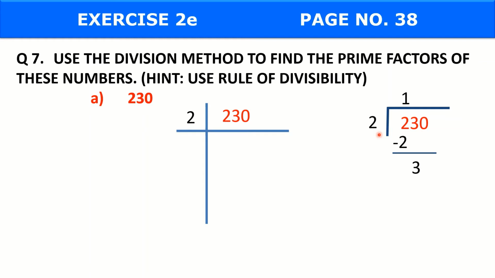Bring the next digit down and divide it with 2. We know that 2 times 1 is 2. By subtracting it, you will get 1. Bring the last digit down and the number is 10. Divide it with 2 and you will get 2 times 5 is 10. So your quotient is 115, leaving remainder 0.